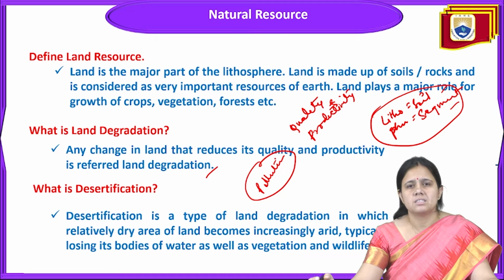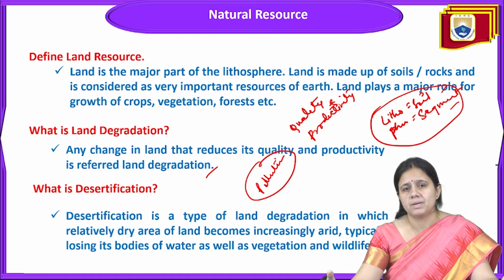That is why this term is called land degradation. Land degradation is due to pollution. It is a very important issue these days, because land is a very important natural resource, very much important for the survival of human beings and any organism.